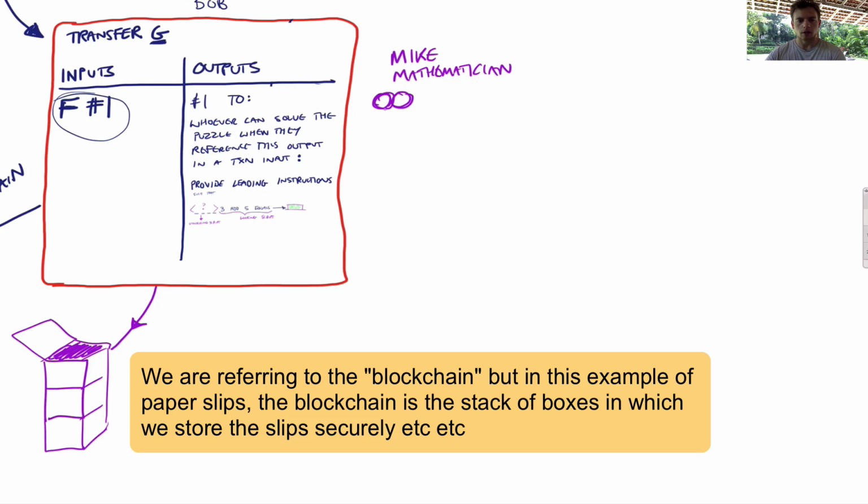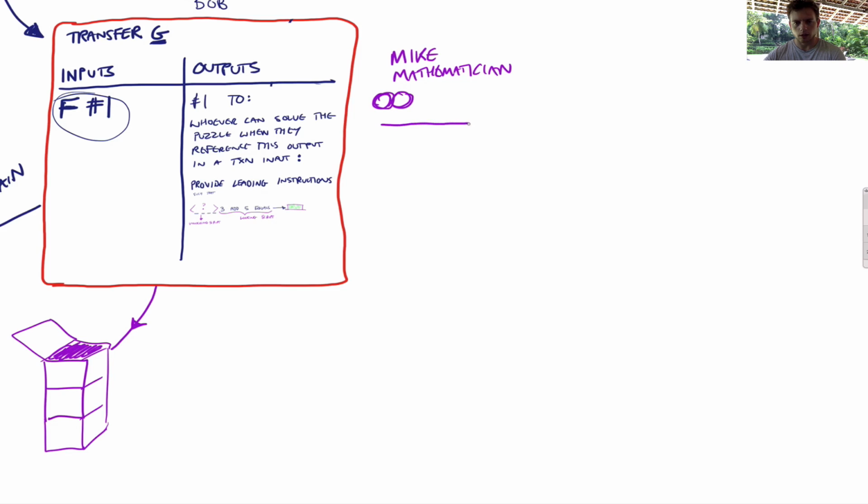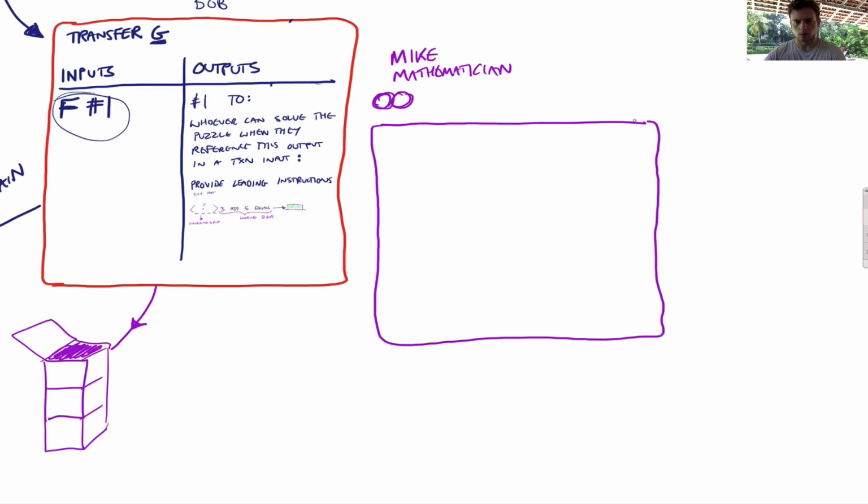And Mike's a clever guy, he's a good mathematician, and he says, well, I reckon I can solve that pretty easily. So he creates a new transaction, right?